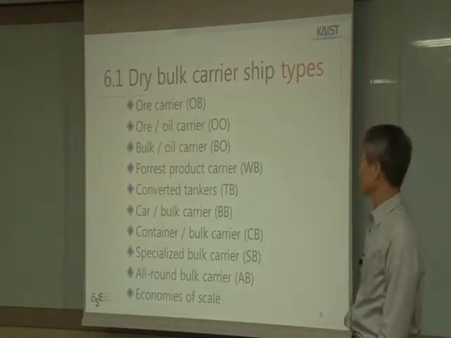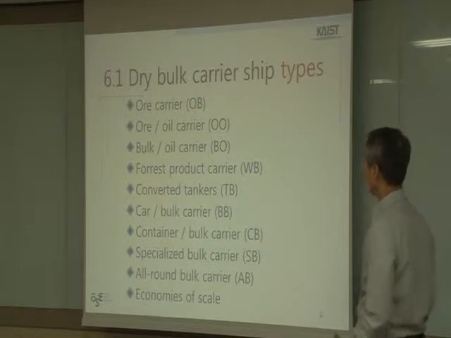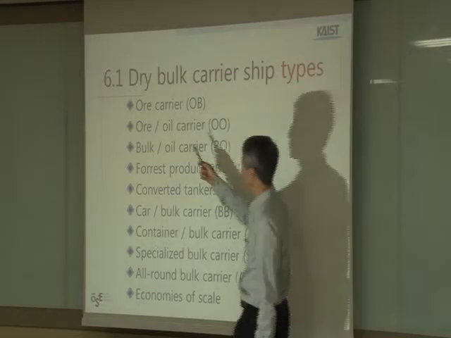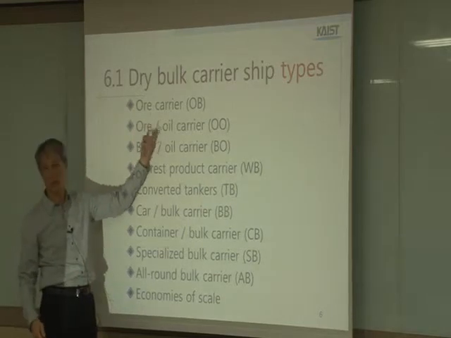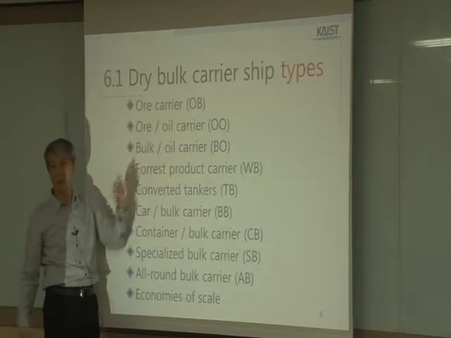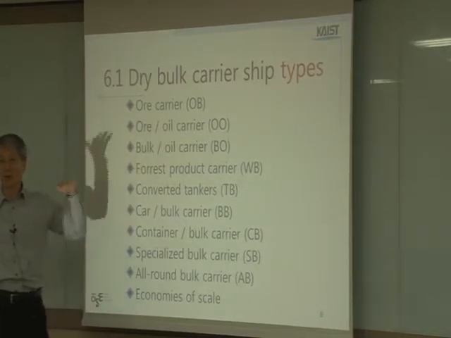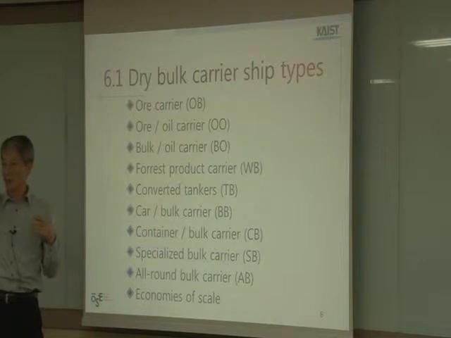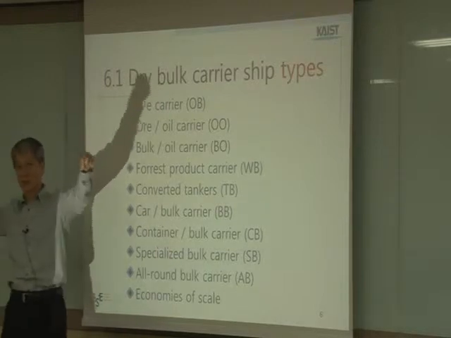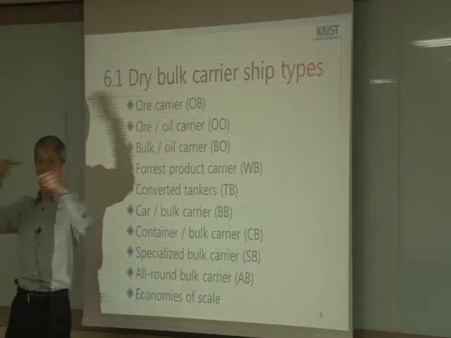Any other questions? Those are the types: ore, steel making ore. But there are combinations, ore and oil. Why in this way? Because of the location of producer and demander, right? One country produces ore, one country produces oil, and they can exchange.